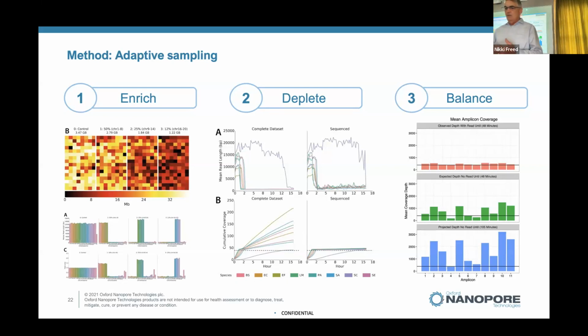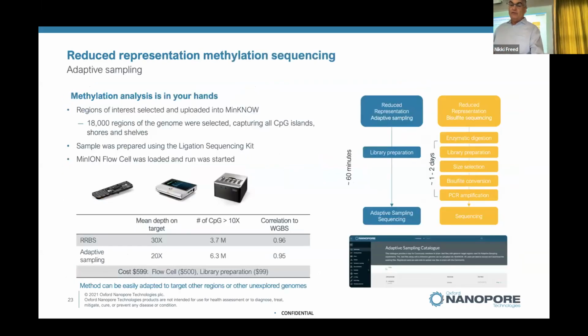You can access it. It's early days for this. It's not as simple as you would hope it would be, but it's certainly possible to barcode balance so that each of your targets receives sufficient coverage, which is really important for diagnostic applications where you need to make sure you've got a certain depth of coverage to have statistical relevance. And that's going to be used a lot more in the future.